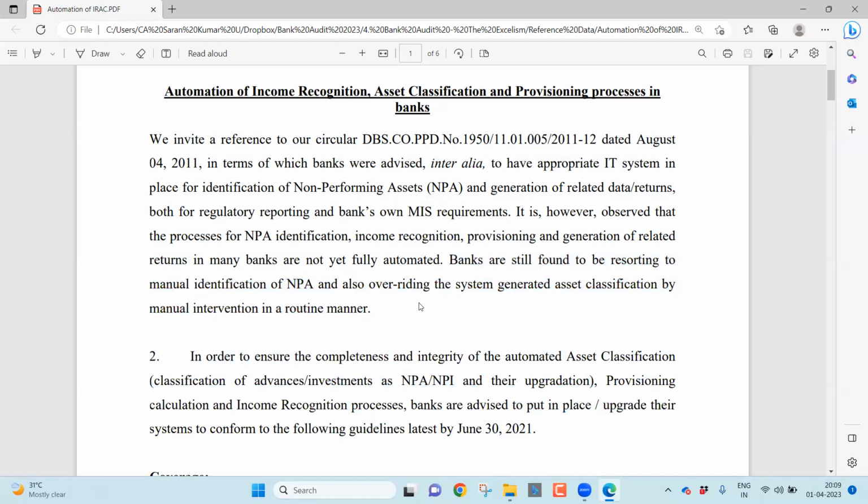This I am not saying, RBI is saying. RBI observed that the processes for NPA identification, income recognition, and provisioning in many banks are not yet fully automated. Also, RBI identified that in many banks there is manual intervention.